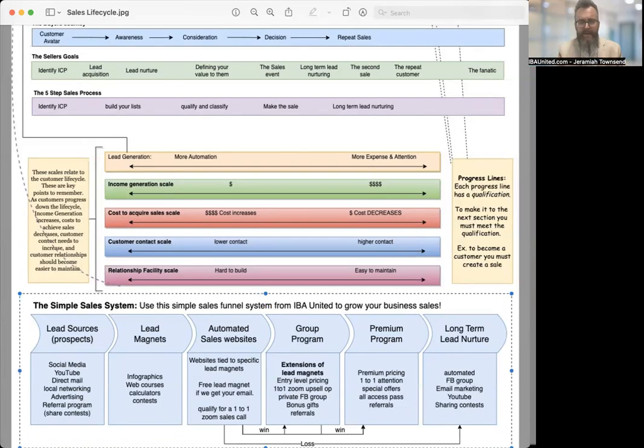Your lead sources are going to be things like social media, YouTube, direct mail, local networking, advertising, referral programs. Secondly, create a series of lead magnets. These are going to be infographics, web courses, calculators, contests, mass market communication that you can give away. Maybe it's a podcast where you're interviewing people specific to your industry.